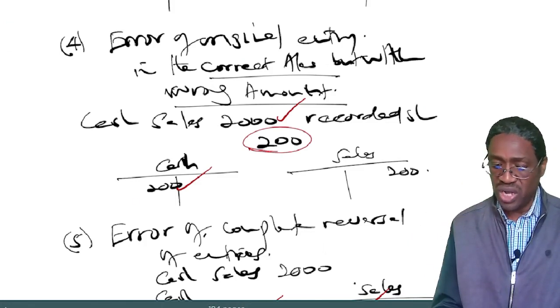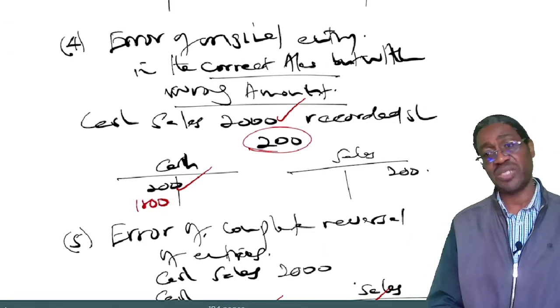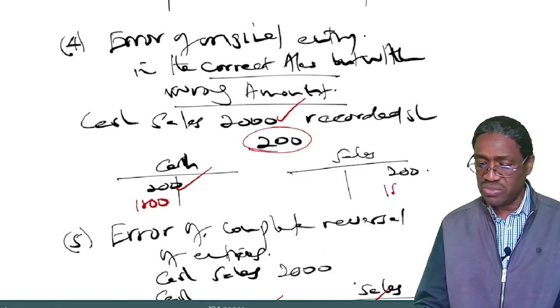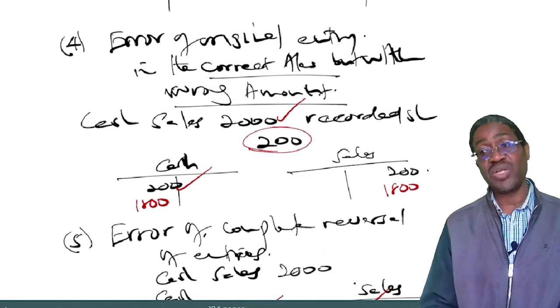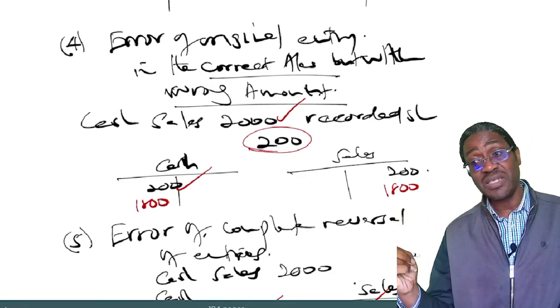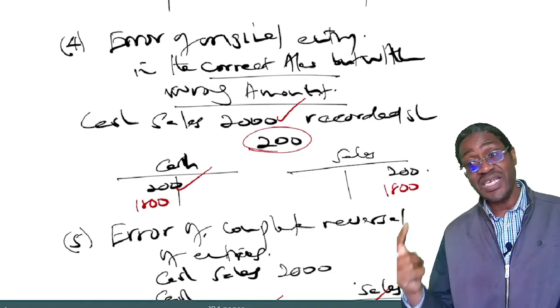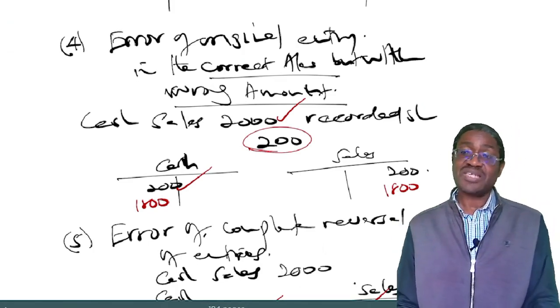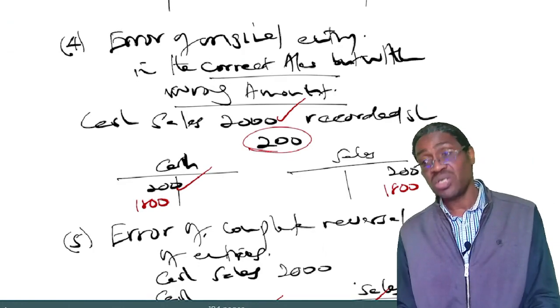To make it 2,000, I increase it by another how much? 1,800. And I credit sales by another 1,800, so that the original 200 and the other 1,800 will come to a total of 2,000. Okay? That is if it was an error of original entry.